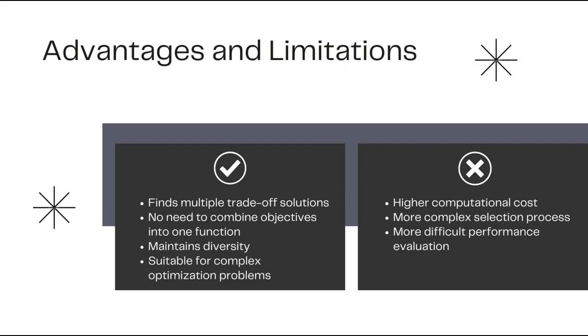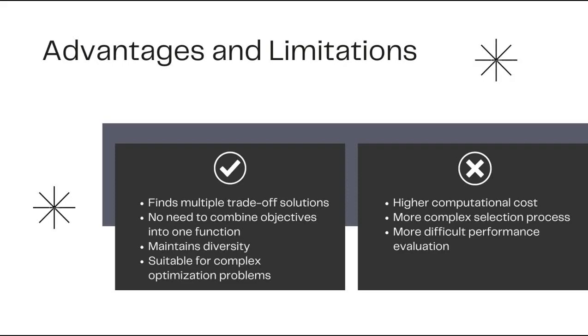Despite these limitations, multi-objective evolutionary algorithms are highly useful when problems cannot be realistically reduced to a single objective. They provide a practical framework for understanding trade-offs and supporting informed decision making.